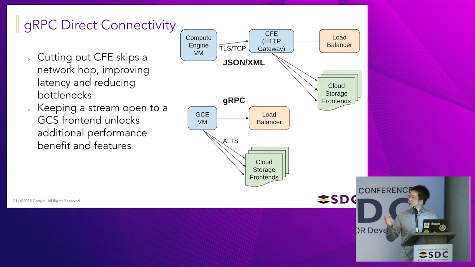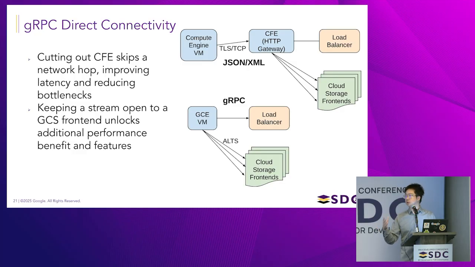With gRPC, we're able to cut out that CFE hop. So we still have load balancers in the mix to help direct traffic correctly, but more of this responsibility is moved to the client. And then there is a new authentication protocol called ALTS that Google has developed. The primary difference between TLS and ALTS is that it allows us to authenticate the client and the server.